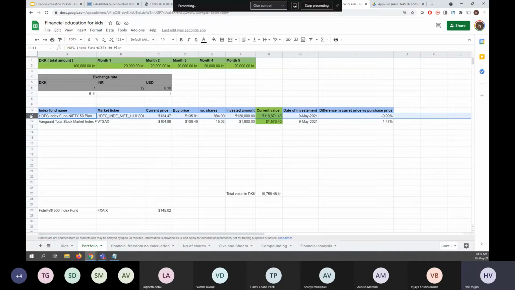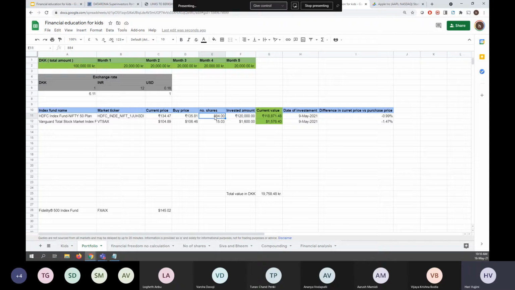One fund gets 10,000 Danish krone, another fund gets 10,000 Danish krone. So I converted the 10,000 Danish krone to INR, Indian rupees. That's 120,000. And each share cost me 135 rupees.